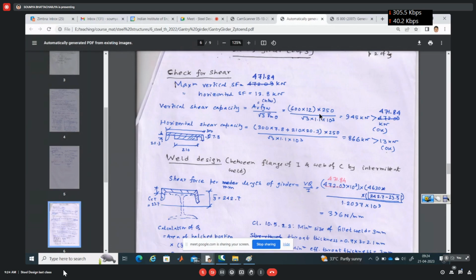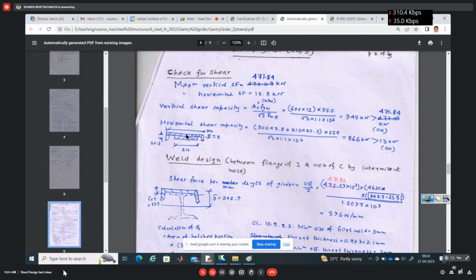So shear area multiplied by Fy yield stress by root 3 gamma m0, that is 945 kilonewton in my case, which is more than the design shear. Similarly, the horizontal shear due to lateral thrust will be taken up by the flange portion only, the channel section and the flange of the I section.